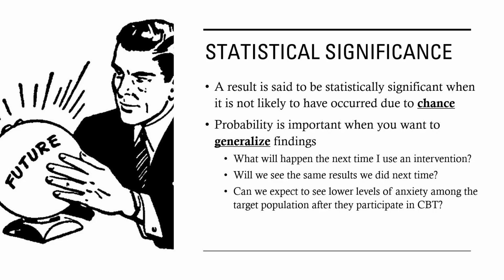So when we're thinking about our bivariate statistics, we want to determine what will happen the next time I use an intervention. Will we see the same results the next time? And can we expect to see, for example, lower levels of anxiety among the target population after they participate in cognitive behavioral therapy? Can the same results that we saw with our sample be expected among the general population?